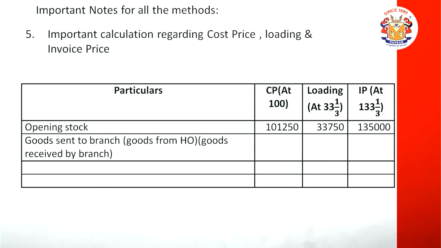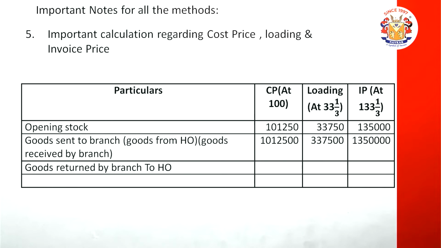In the given question, goods from HO and goods received by branch are both the same. In the question, this is given at invoice price 13,50,000. So I can calculate at cost price, what about 100, and at 33.33 means loading. So we will get cost price of this transaction 1,01,250 and loading 33,750. Mind well.